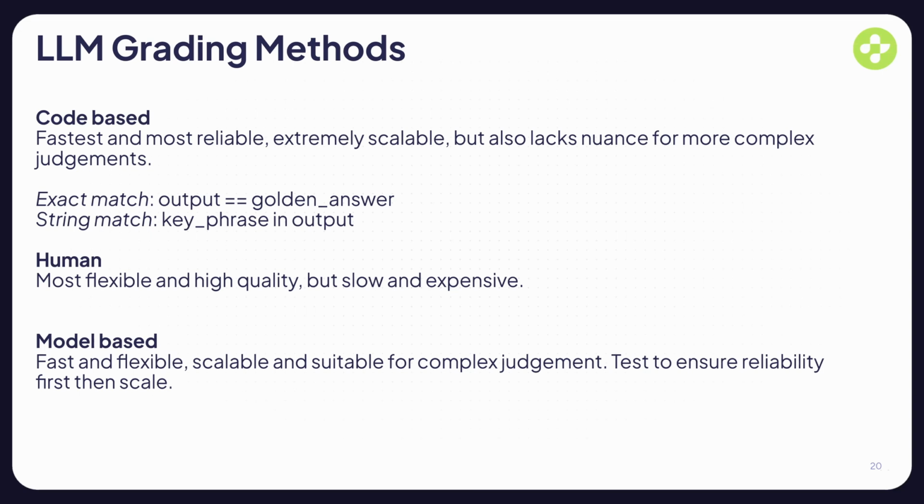So sometimes you also have to do manual testing. And another interesting approach is model-based testing. In this case, I'm going to show an example in a second. You're using a second LLM to essentially rate the response from the first LLM. This way you can automatically also try to test complex outputs that cannot be directly compared.